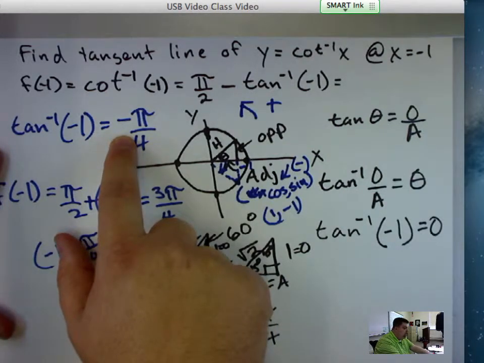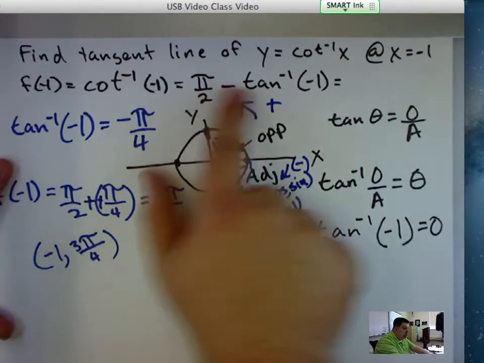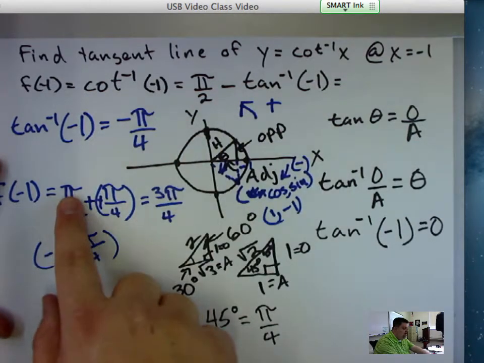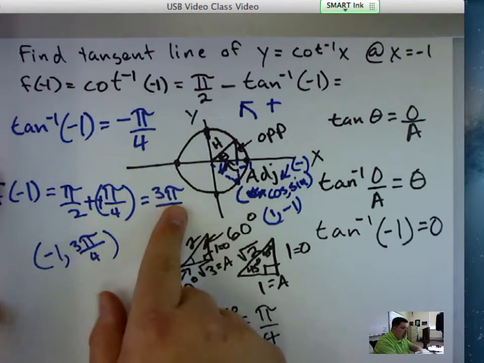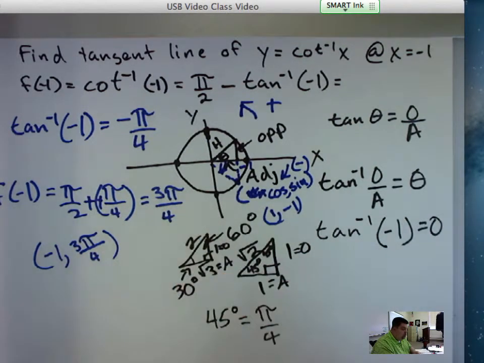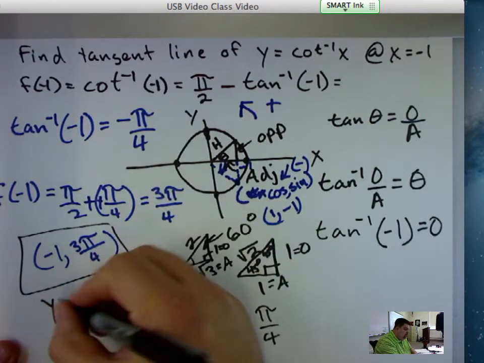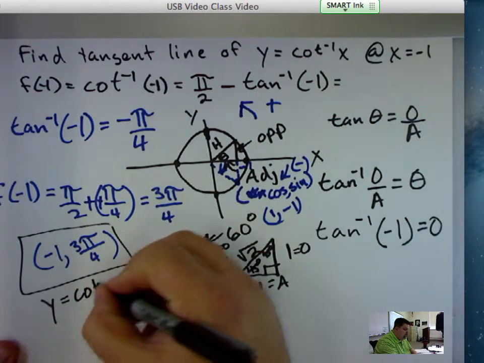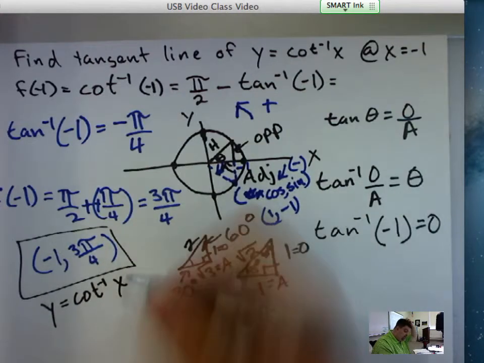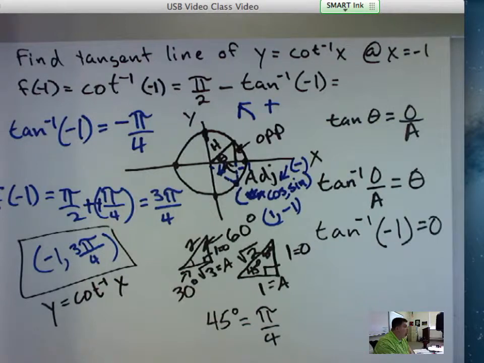So then I have pi over 2 minus negative pi over 4, or pi over 2 plus pi over 4, which becomes 3 pi over 4. So there exists on the function y equals arc cotangent of x the point -1, comma 3 pi over 4. Does that make sense? Okay.